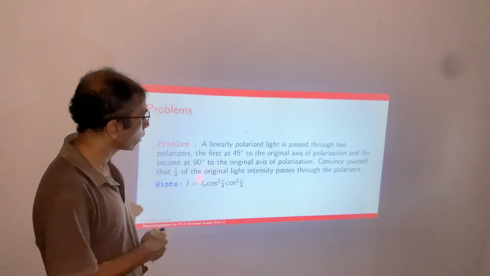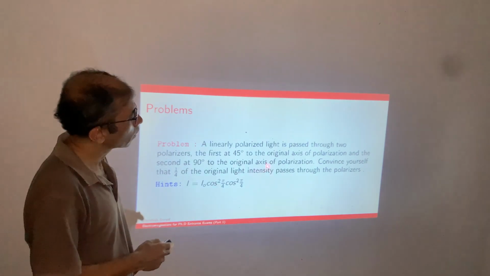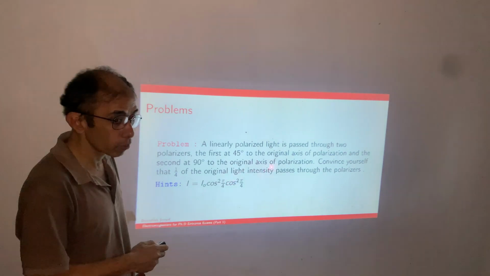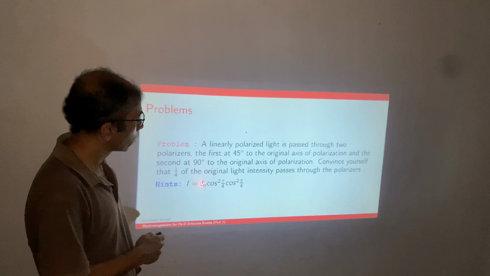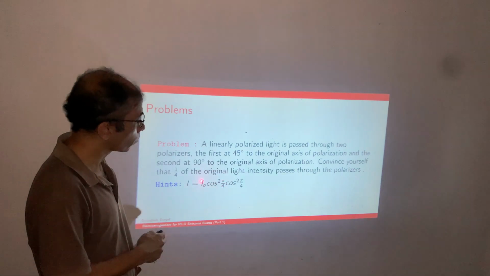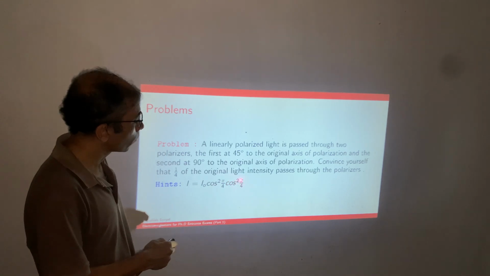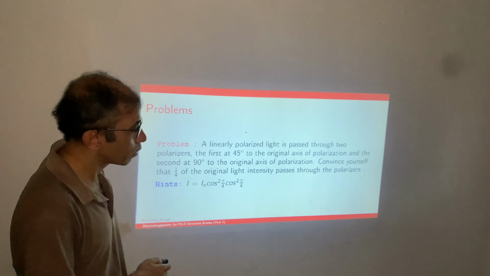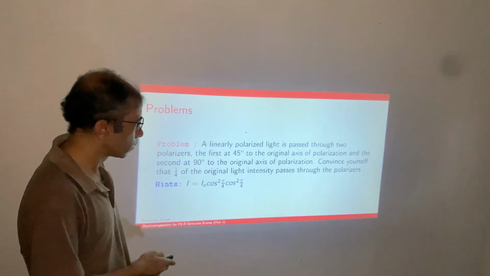This is the intensity that will be transmitted through the first polarizer. And again the second polarizer is at an angle of 45 degrees with respect to the first polarizer. So this is my intensity at the first polarizer, and this times cos squared pi by 4 will be the final intensity, the intensity that we get at the second polarizer.